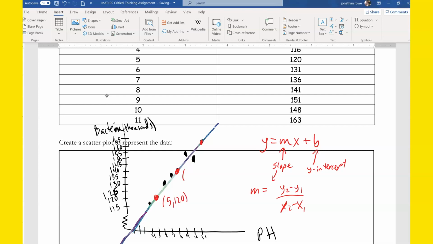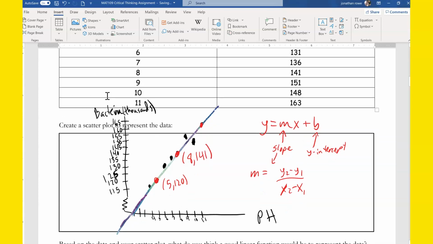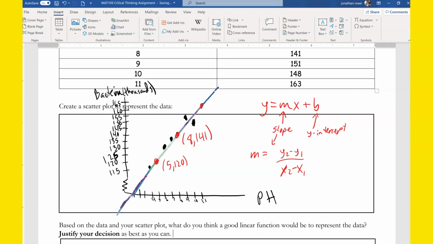And this was the point, let's see, 4, 5, 6, 7, 8, 141. So I'm going to get the slope based off of those 2 ordered pairs. So in my case, it's 141 minus 120 over 8 minus 5.